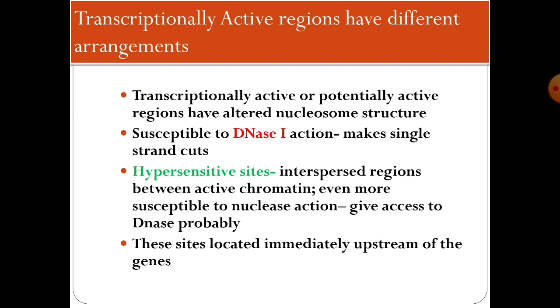Now, these areas of chromosomes, if you see these chromatid bars, there will be certain areas which are transcriptionally active. That means these are the regions which can get converted, or they will produce the desirable mRNA which will produce the desirable protein.